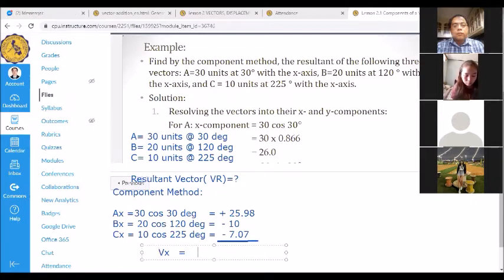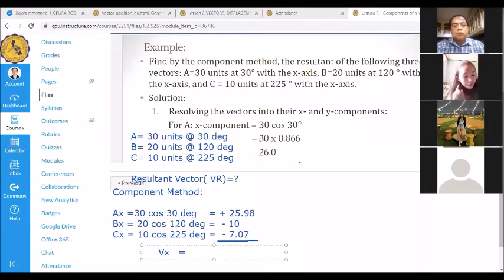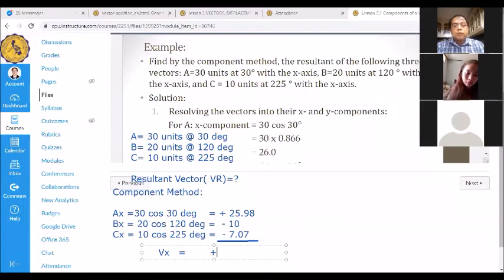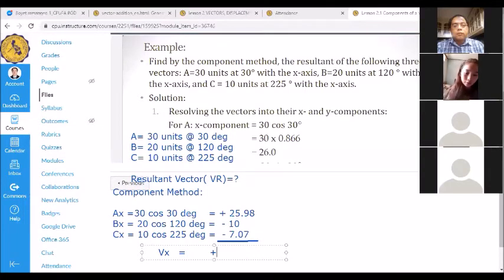How much is their total? 8.91. Positive, sir. 8.91. Again, 25 plus 17, how much is left? 8.91. Okay, so that's our horizontal, no?